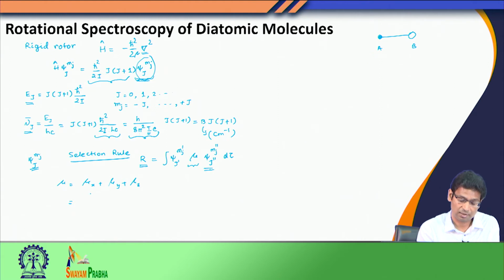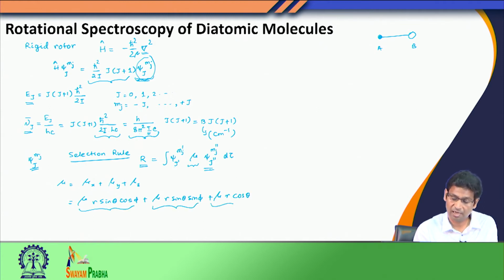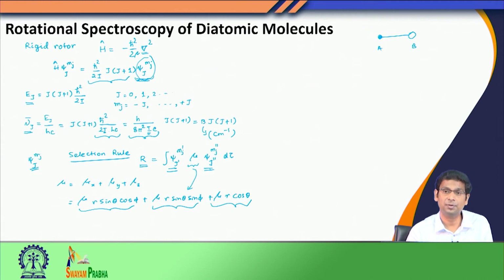So, in the r theta phi language, we would have mu x as mu multiplied by r sin theta cosine phi, plus mu y, which is r sin theta sin phi, plus mu z, which is simply r cosine theta. Now in the operator part, I have these 3 terms to put in. What about the functions here, psi j prime or psi j double prime? These are simple spherical harmonic functions.